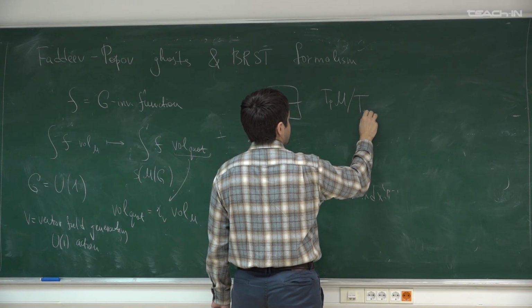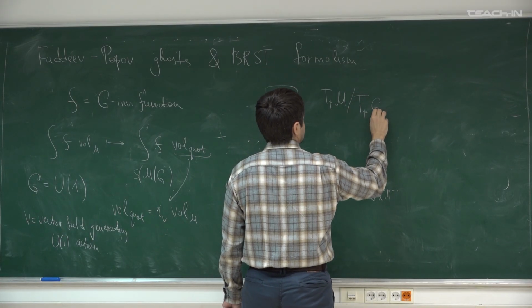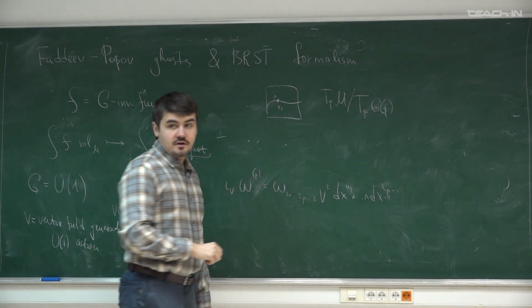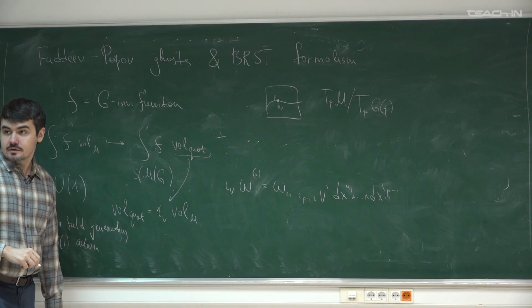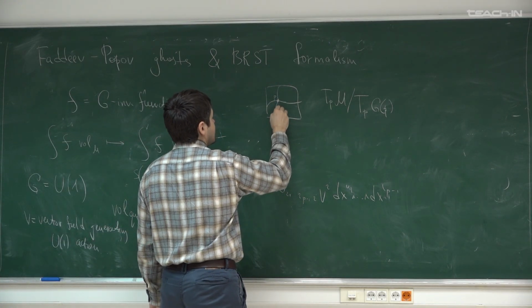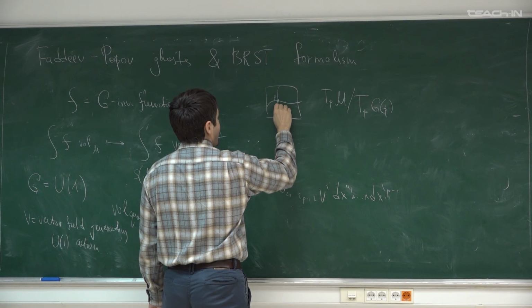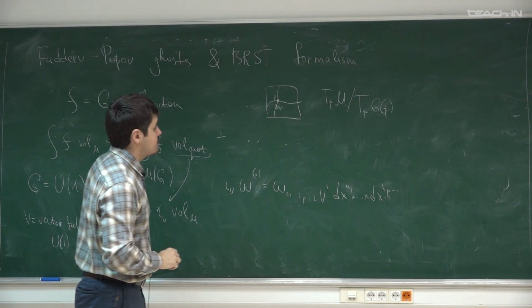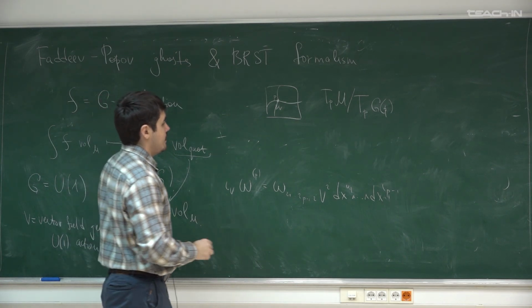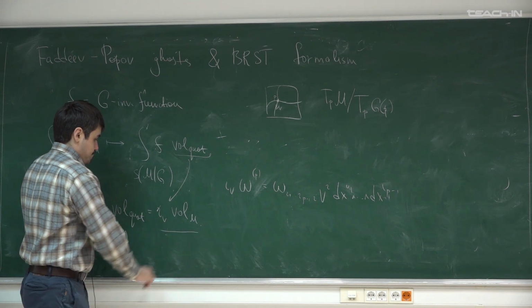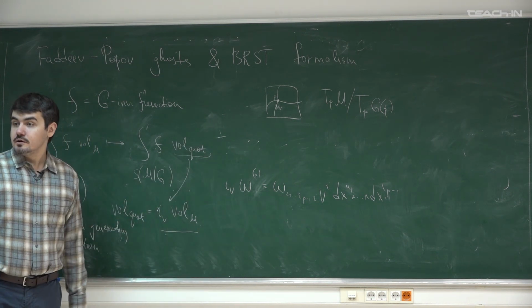Quotient tangent space to the orbit, right? Orbit is here. This is a vector space along the orbit, vector field along the orbit, and the form so defined is a form on that quotient.